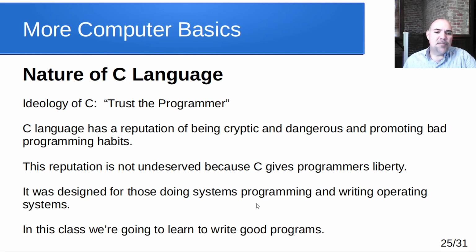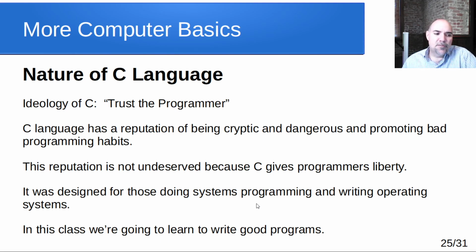And so the C language has this reputation of being cryptic and dangerous and promoting bad programming habits. It's not undeserved, but it's also a little bit unfair, because what C gives programmers is power and liberty to do things, including things that are dangerous or stupid or bad.